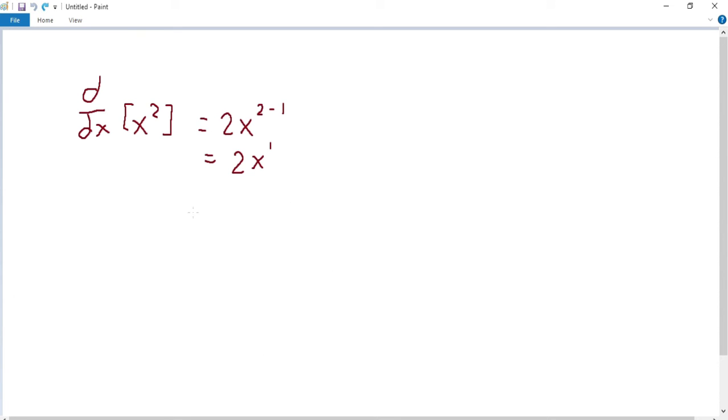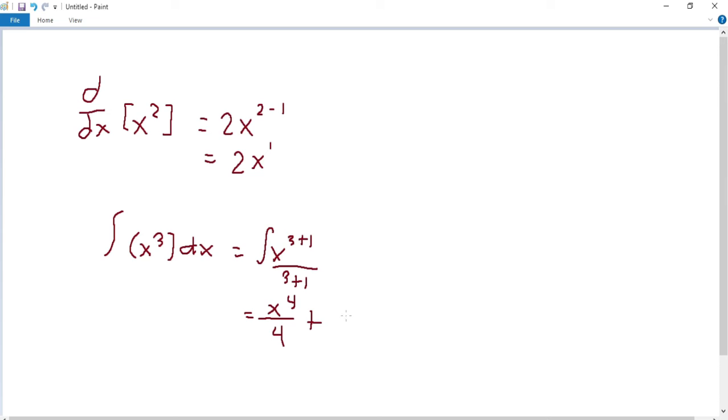Another example is, let's say we're going to get the antiderivative of x cubed. So first, we integrate x to the 3 plus 1 over 3 plus 1. So this is going to be x to the 4 over 4, then add a constant of integration.